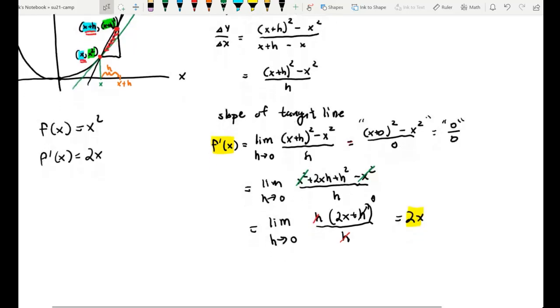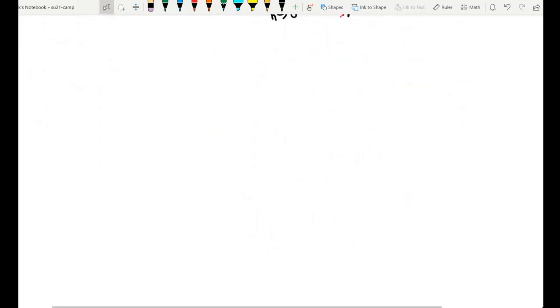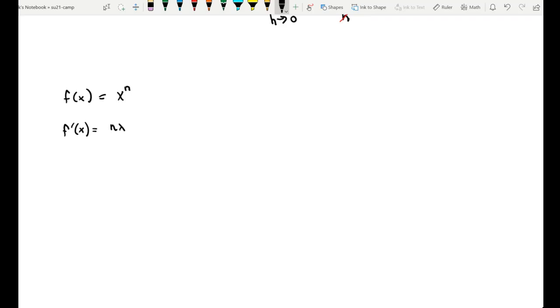Okay. So as it turns out, if you have a function in the form x to some power, and you use the limit definition of the derivative, you'll come up with this formula.